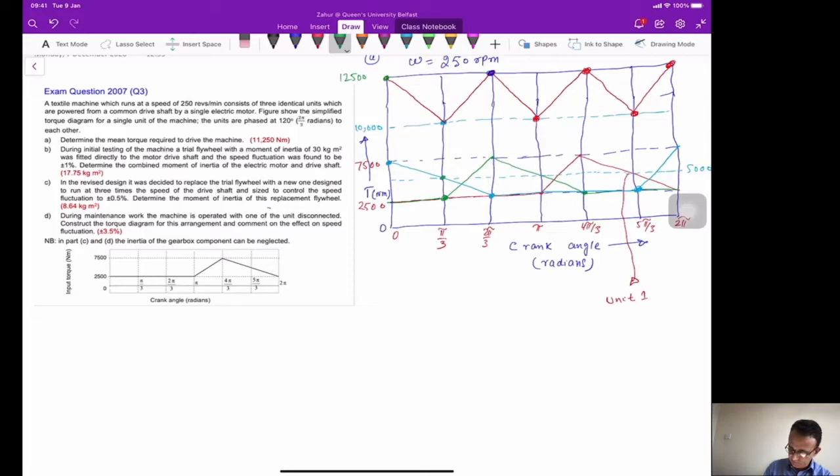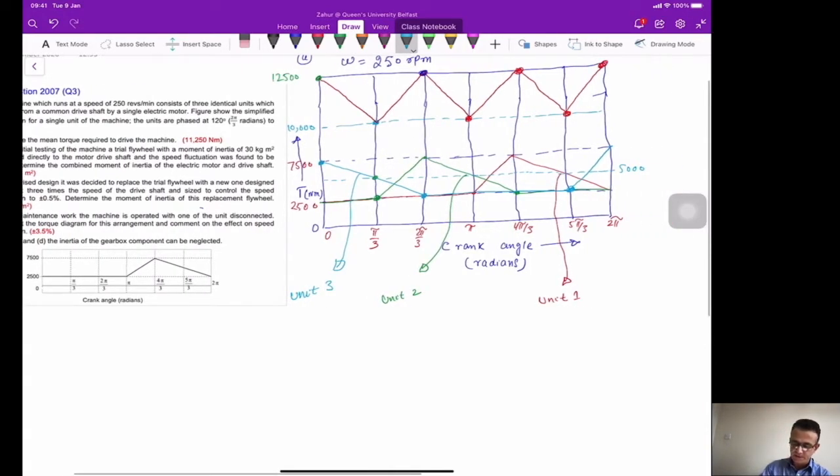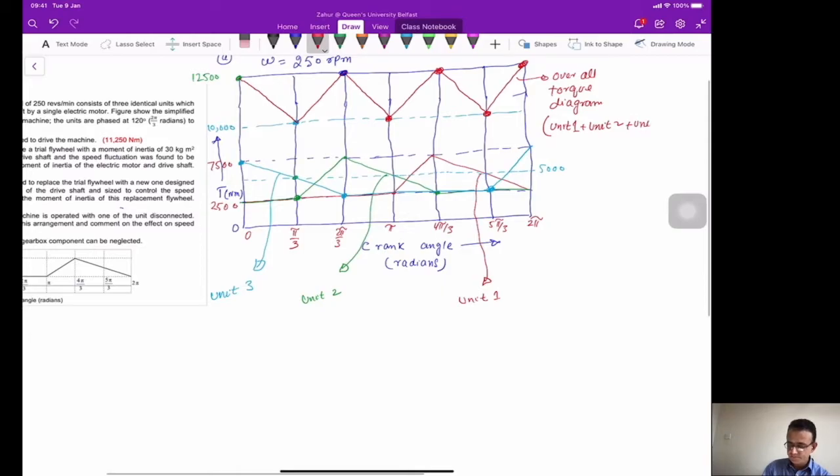The green one you can say is unit 2, and then this one was for unit 3, and the red one that you see here is the overall torque diagram, which is simply the torque diagram for unit 1 plus unit 2 plus unit 3.